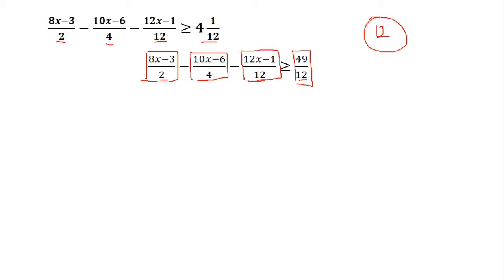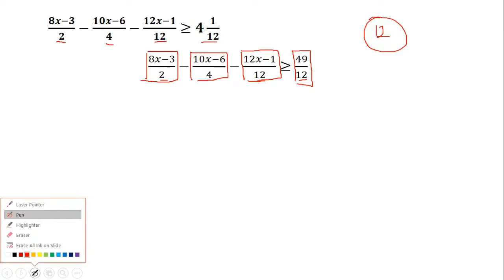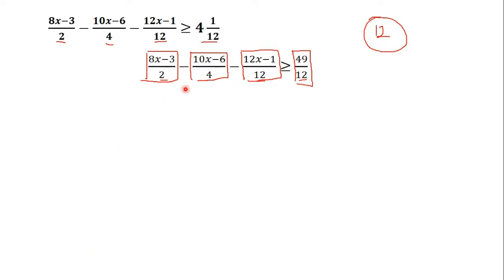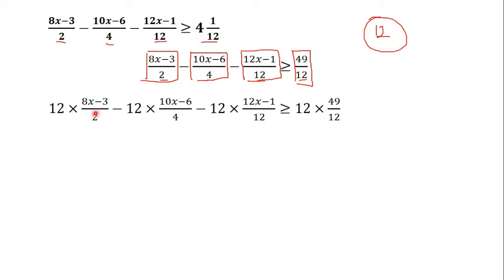1, 2, 3, 4. Now after you've identified the terms, the next thing you need to do is to multiply each term by the LCM. So we are going to have this term times 12, this term times 12, this term times 12, then this term times 12.